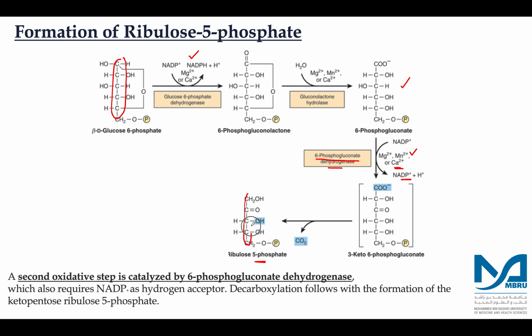So you have been able to convert a 6 carbon molecule to a 5 carbon molecule. And when you are converting a 6 carbon molecule to a 5 carbon molecule, the carbon is lost in the form of carbon dioxide. So the conversion of 6-phosphogluconate to ribulose 5-phosphate is a decarboxylation reaction.